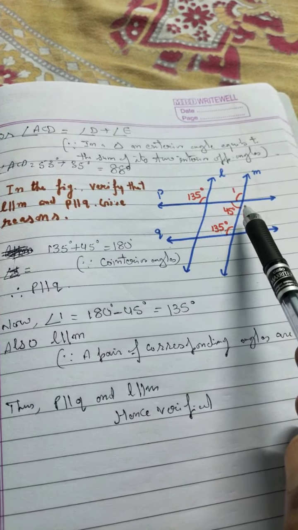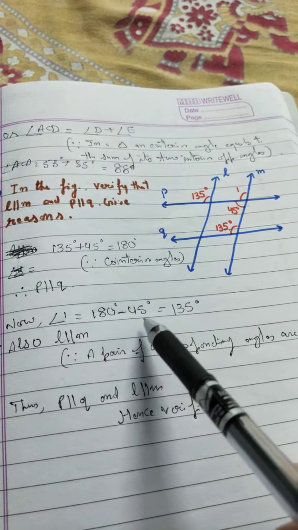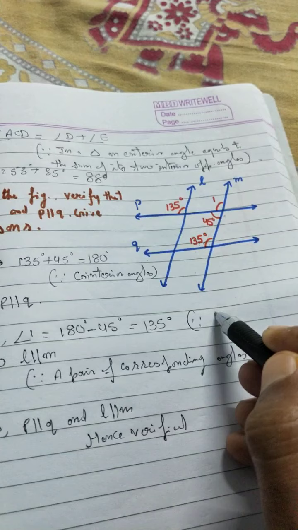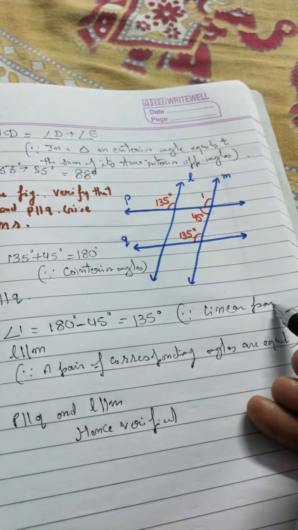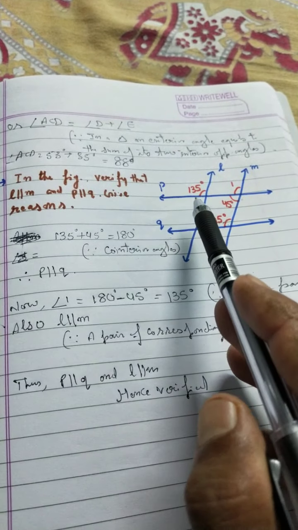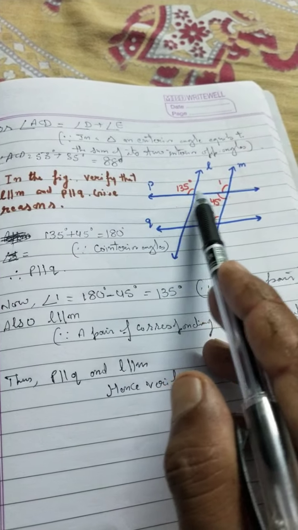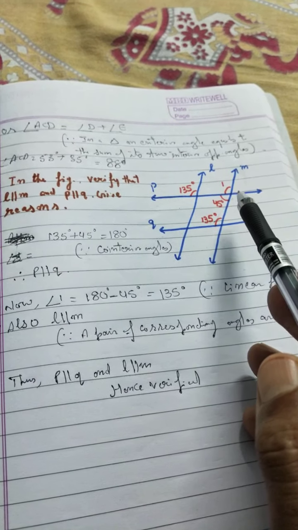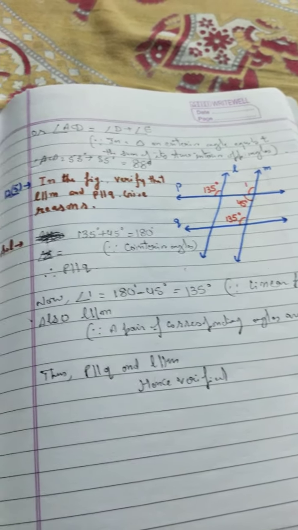Also, for L parallel to M, angle 1 is equal to 135. They are pairs of corresponding angles. If pairs of corresponding angles are equal, then the lines will be parallel. Thus P is parallel to Q and L is parallel to M, hence verified.